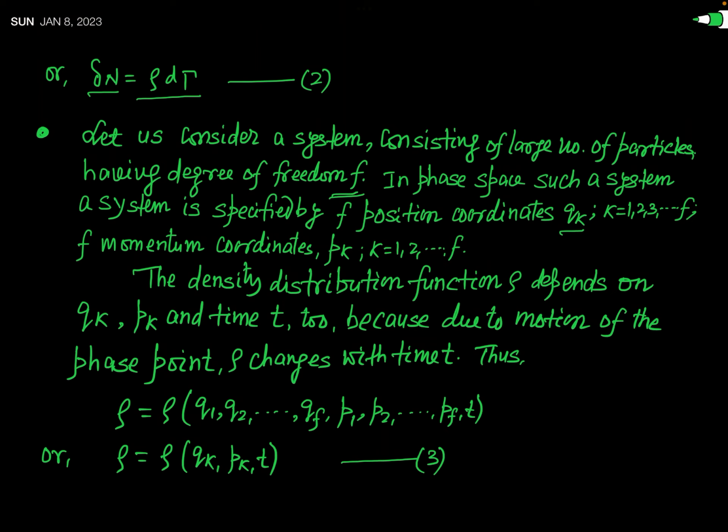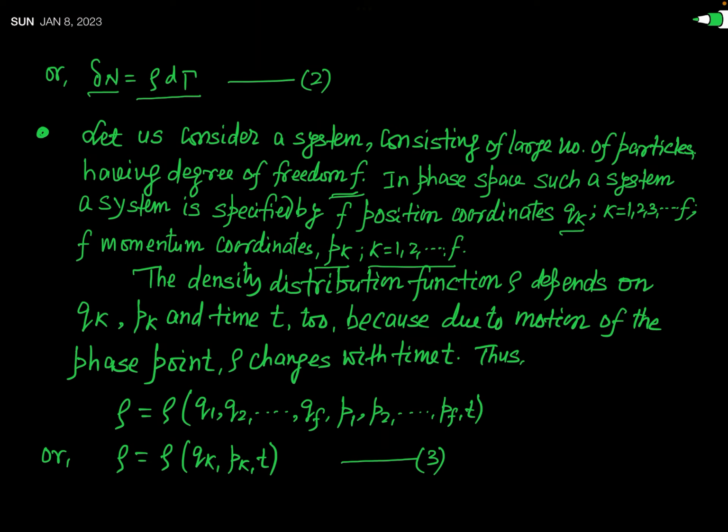And at the same time, we also need the same number of momentum coordinates, and those momentum coordinates will be p1, p2, so on pf, or in brief you can say that the momentum coordinates needed to describe the state of this system in phase space are pk, where k runs from 1 to f.